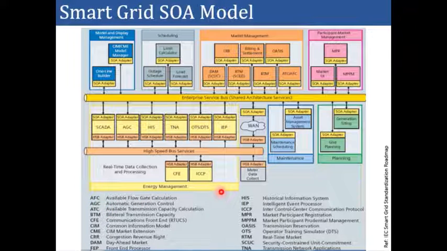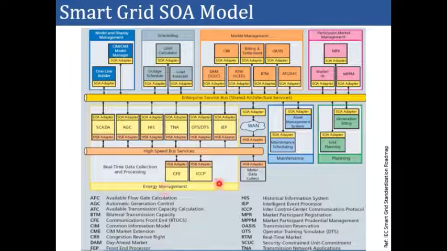So at the field level, the data is sent over a communication medium to the control center. At the control center, we will have the communication front end which will receive the data, or maybe the data can come from an alternate substation where we use inter control center communication protocol.